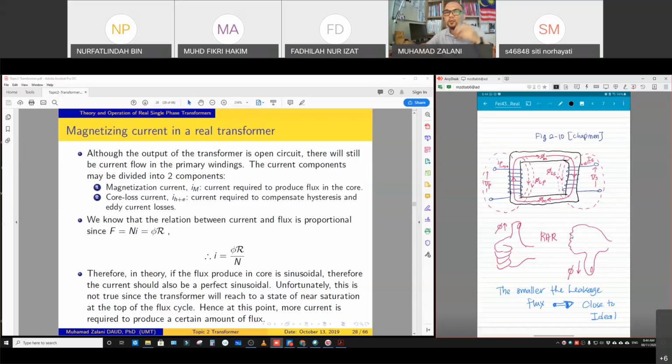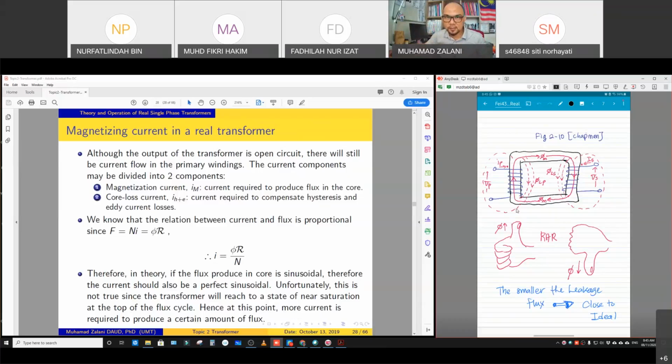If you want to make a nearly perfect transformer, we can do it at the factory.